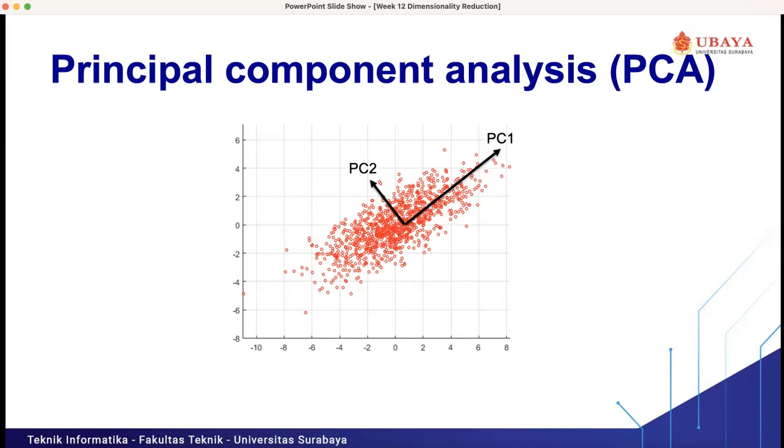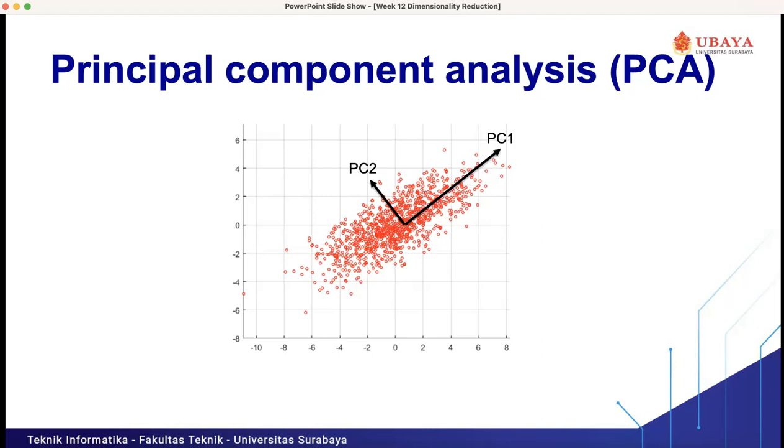We will reduce the dimension, and the dimension of the new features will be fewer than the original features. For example, if we have three features, after we reduce the dimension, it will be two or one, right? After we reduce using PCA, the new features will only contain two features or maybe one feature.